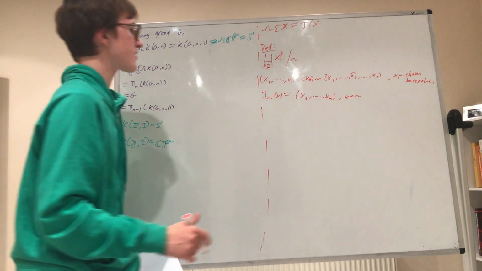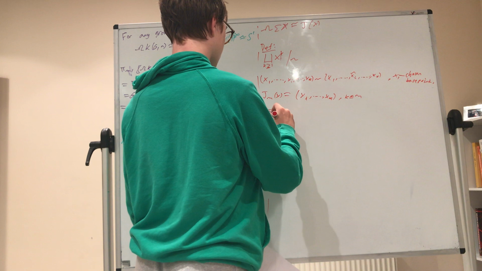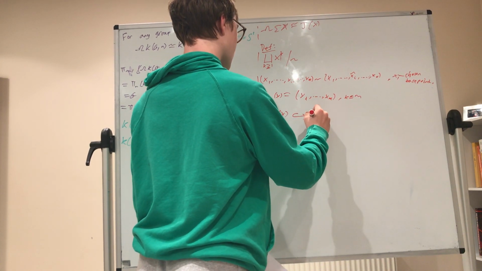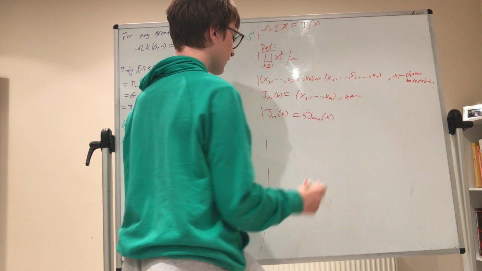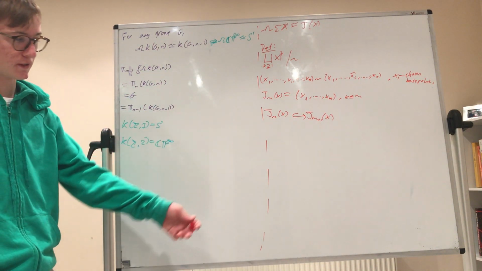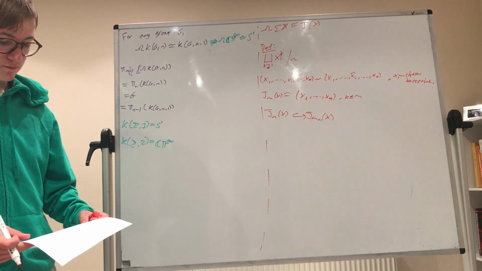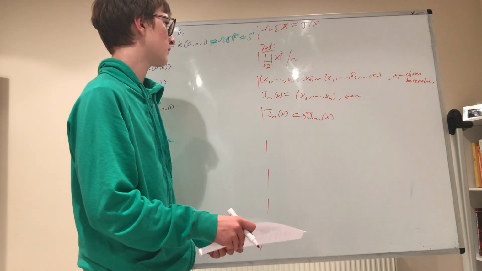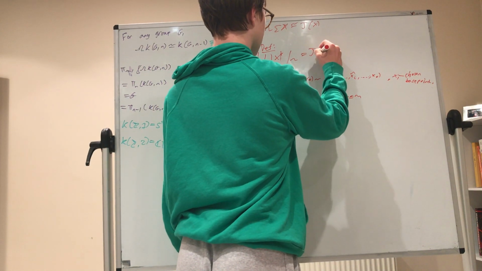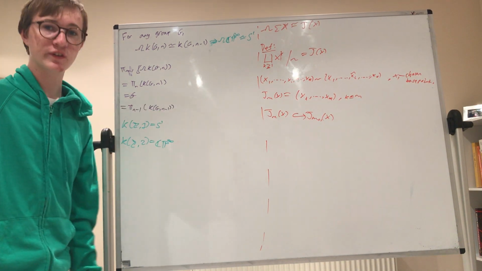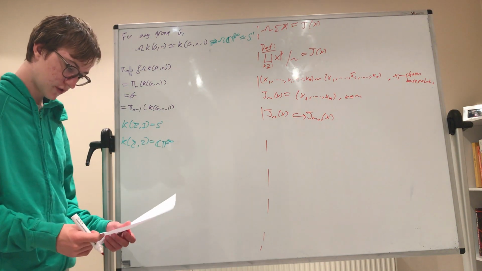And of course there are natural inclusions, Jm of X including into Jm plus 1 of X, and these are as subcomplexes. Now, since J of X is the union of all of these subcomplexes, it itself is a CW complex.